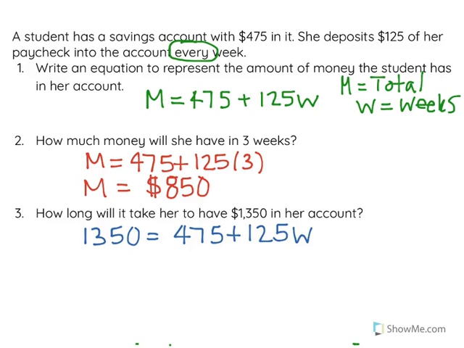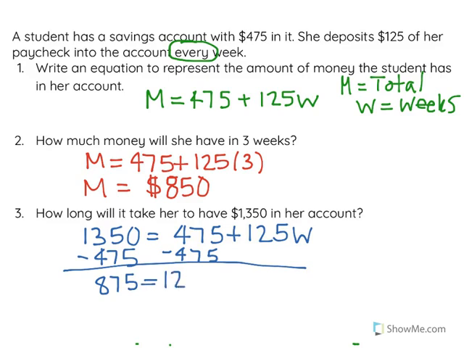So if I want to go ahead and solve this equation, I first need to get the 475 over to the other side. So I'm going to subtract 475 from both sides. And when I do that, I get 875. And I still have the 125W on the other side.